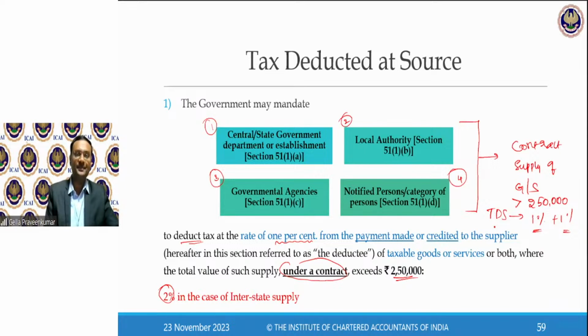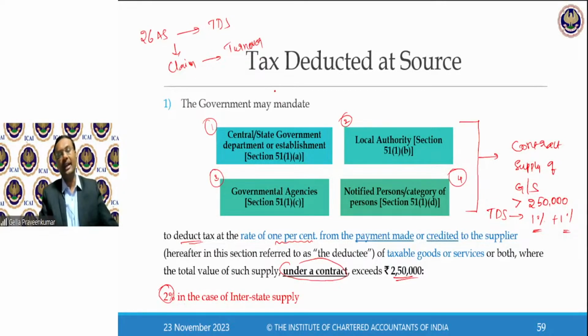So what will happen here? By this concept being brought in, like your income tax 26AS, whenever TDS has been deducted, if I claim the benefit of this TDS, obviously the turnover should also be accepted as my income.